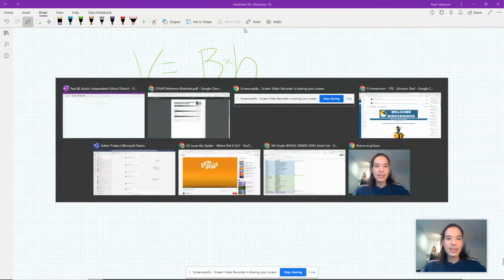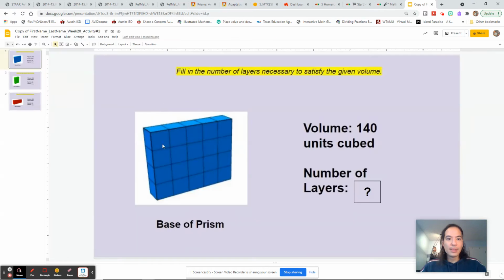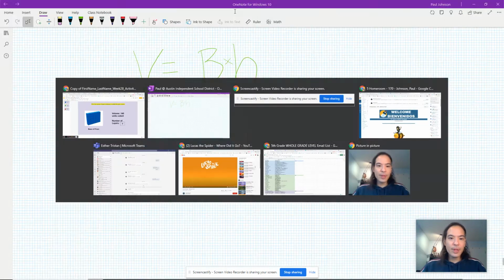The base is this layer that we're looking at. So our base is 1, 2, 3, 4, 5, 6, 7, 8, 9, 10, 11, 12, 13, 14, 15, 16, 17, 18, 19, 20 cubic units. Now knock it over. Now that's the bottom floor. So we know that our base is 20.